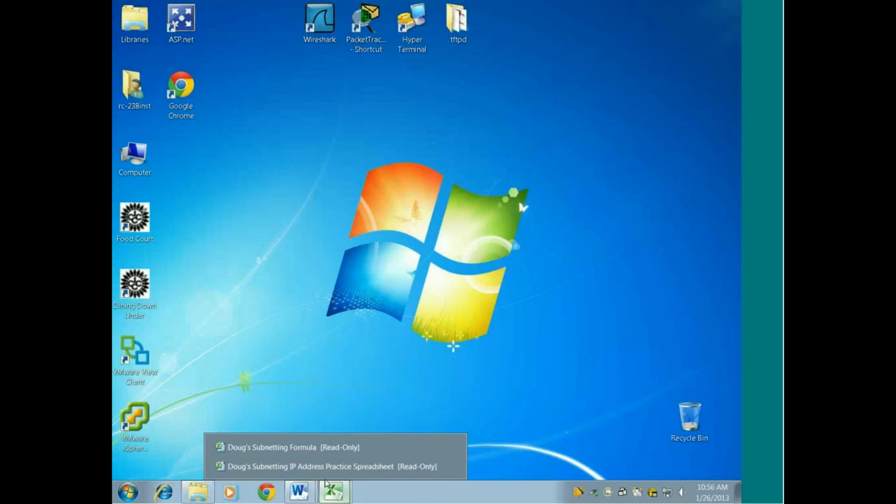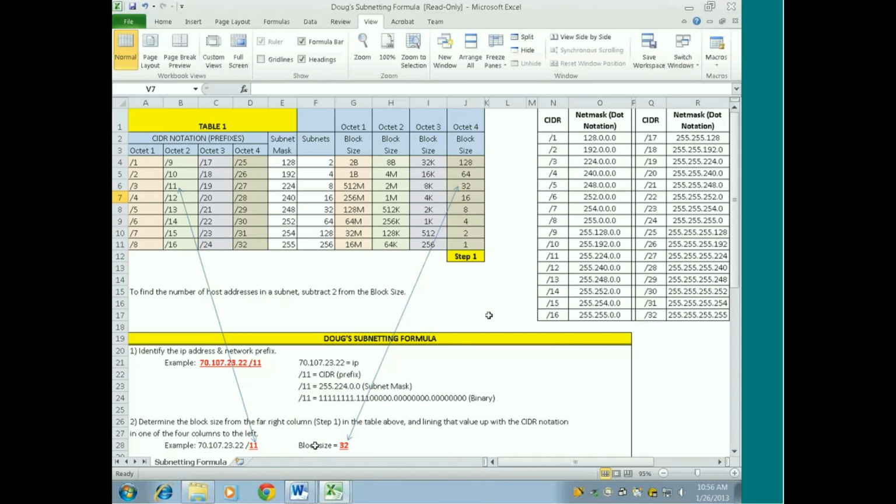So let's take my formula. And let's use this IP address. It happens to be the one that's in the formula. And our job, actually I'm going to make this a little bit higher. Put it here instead.